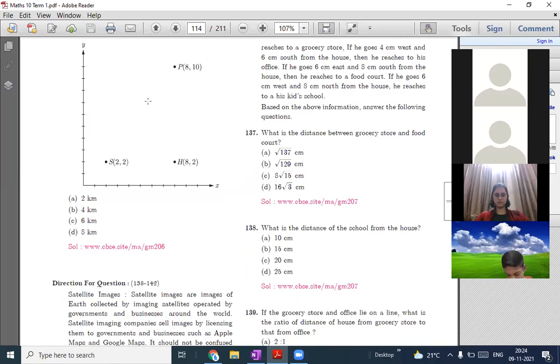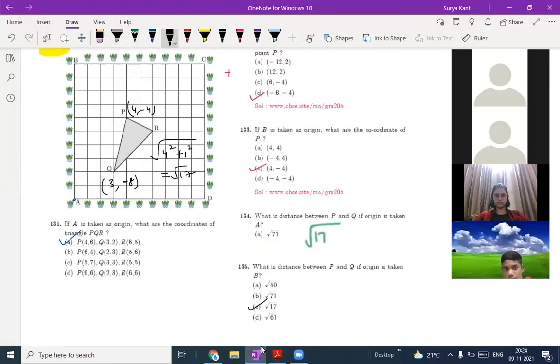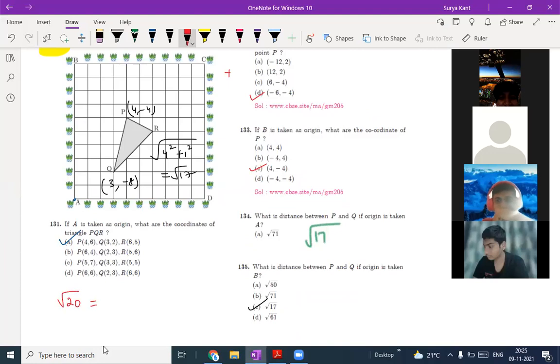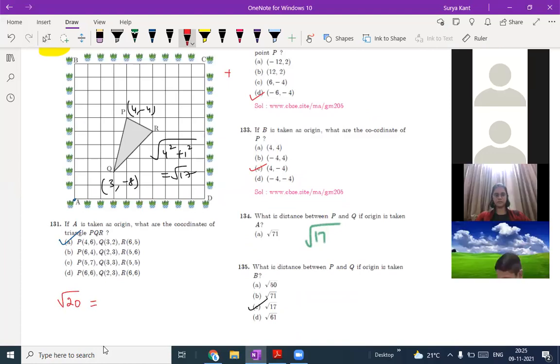Okay, root 20. I was asking, Teja, you know what root 20 is? That time I was asking for this only. Now the power cut will not happen, right? Teja, tell me. If you don't know, I'll just teach you, no problem. Tell me now, what can we write for root 20?